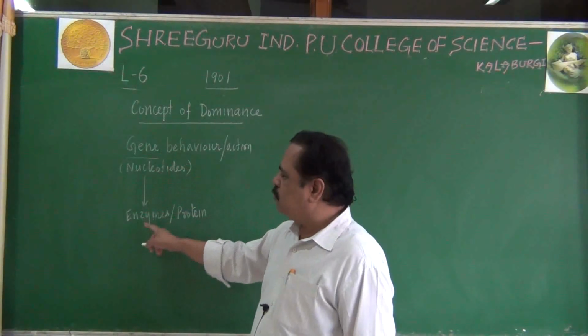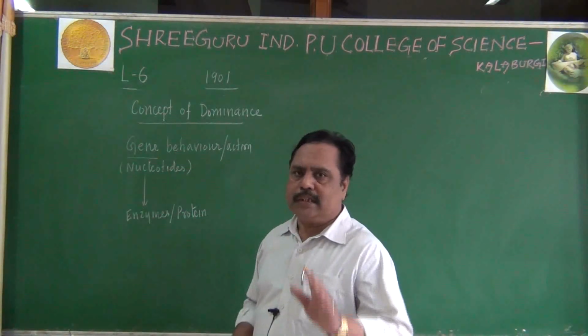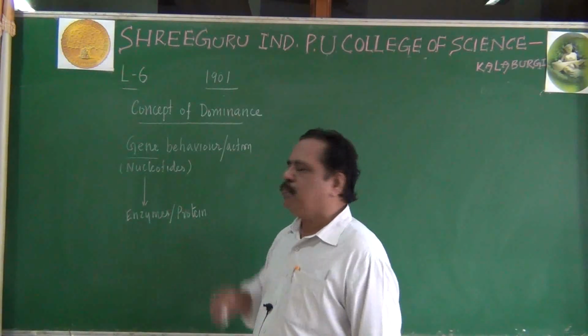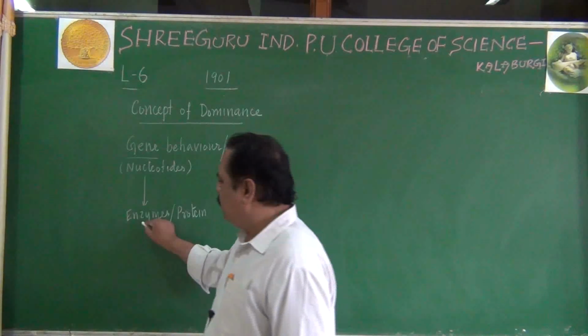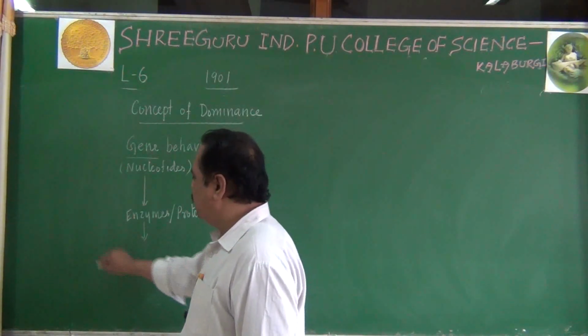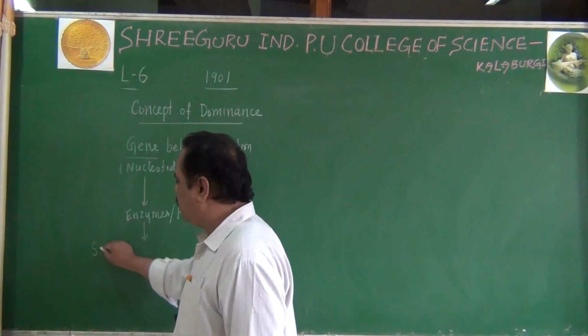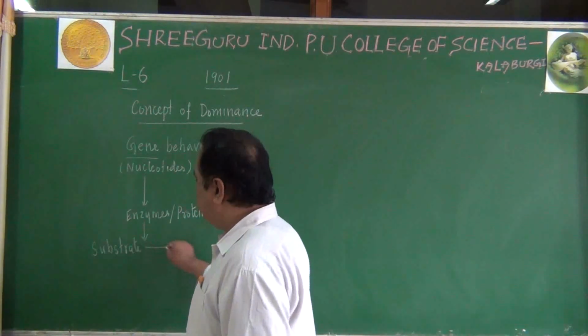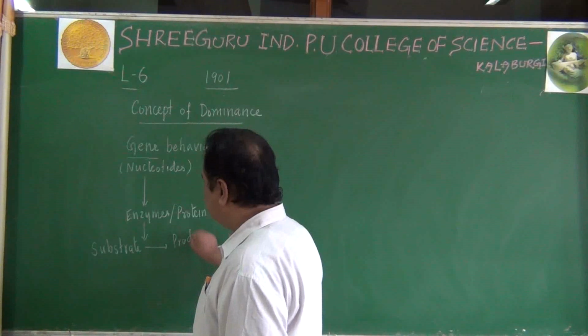So gene is responsible for, it is not producing the enzyme. It will control the action of enzyme production. What is the role of this enzyme? These enzymes will be responsible for converting a particular substrate into a product. Remember this point.